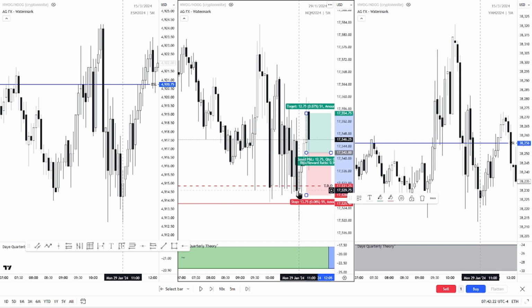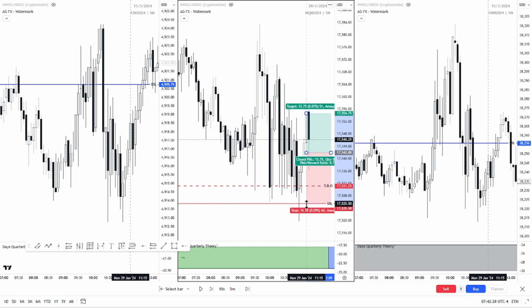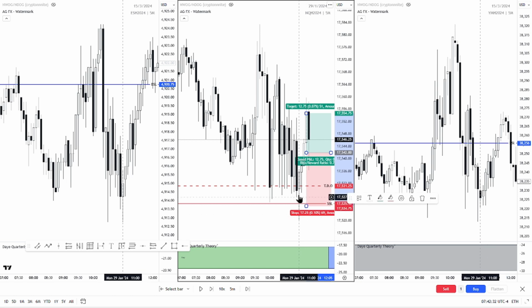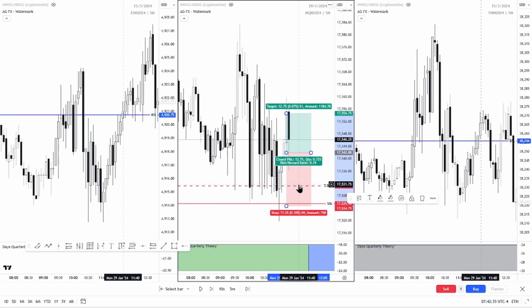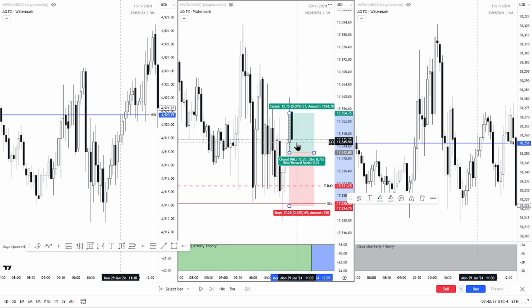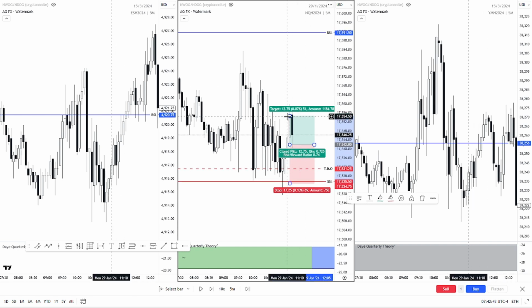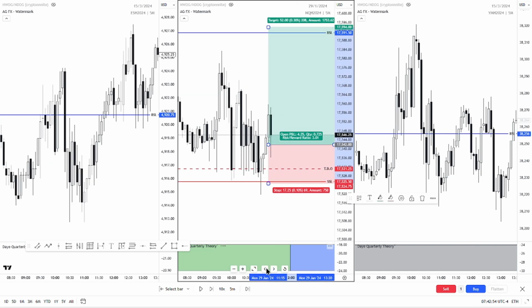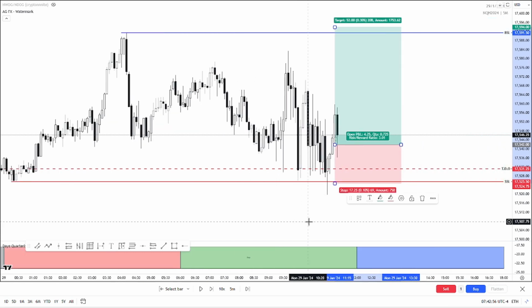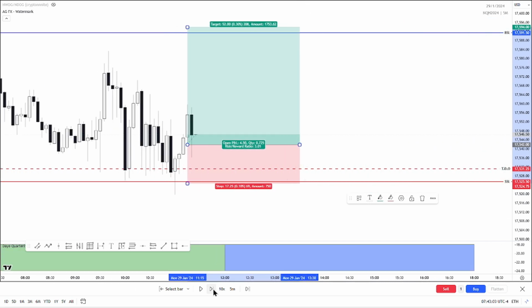However, we do see that there is a long wick over here, so as a caution we can put it below the consequent encroachment, which is the midpoint of that long wick, in case price is very volatile and wants to trade into a deeper premium. As usual, we will aim for a risk reward of 1:3, and we'll watch this play out.